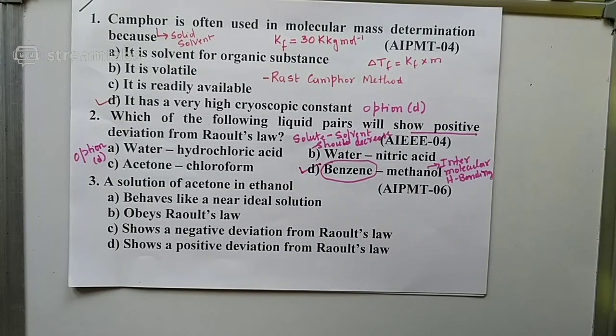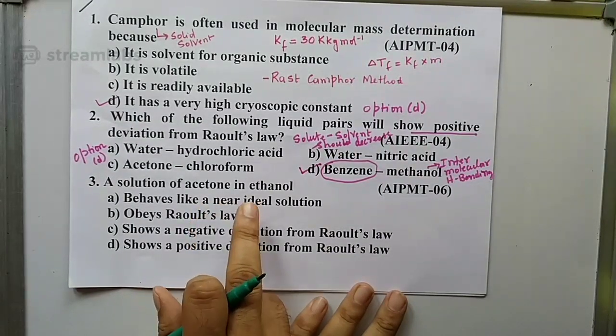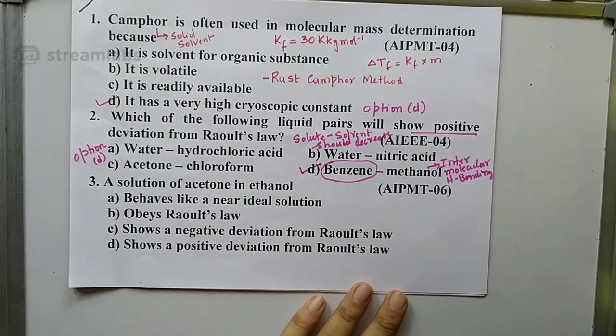Let us go for the third question now. A solution of acetone in ethanol would behave as. I don't have to explain this once again. Already we have studied this in our NCERT.